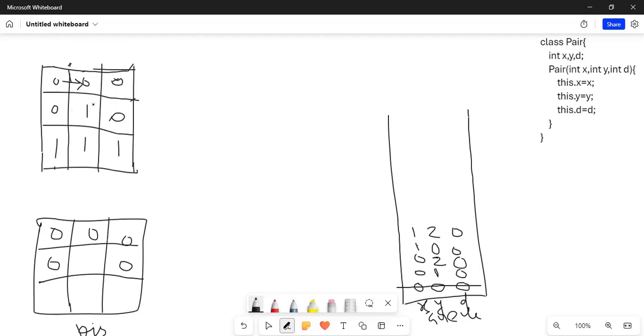It already has value 0, so we cannot do anything. Now let's try this cell. This cell is also 0, so we cannot, that means this cell value is already filled.